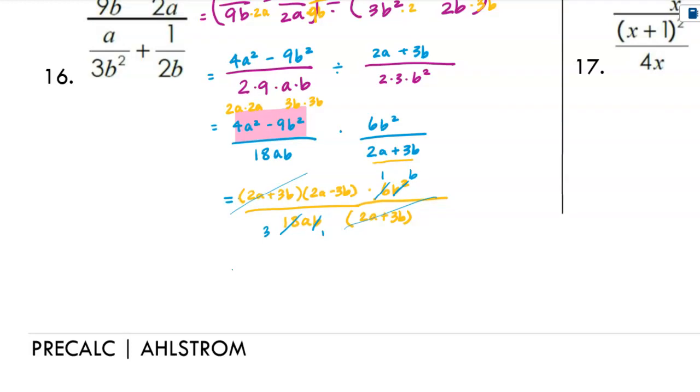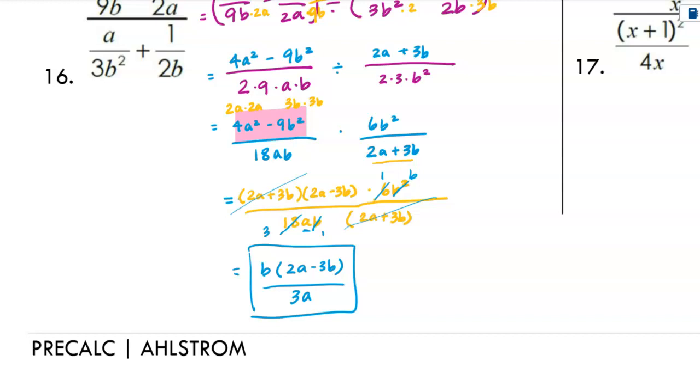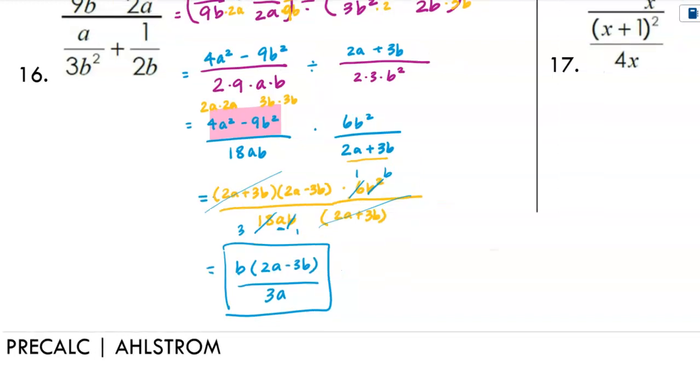So let's go ahead and collect all the things that we did not cancel out, the factors. So I have a b in the numerator, 2a minus 3b. And I have a 3. And don't forget this a. That's my final answer. It's very colorful. Good job, guys.